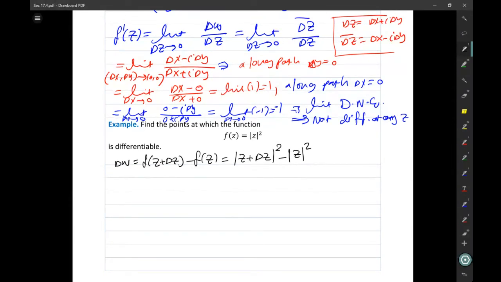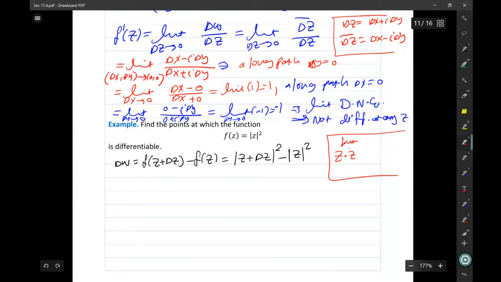Now we know that z times z conjugate is equal to modulus z squared, which is equal to x squared plus y squared. So here, to find delta w, this becomes (z plus delta z) times (z plus delta z), all of them conjugate.